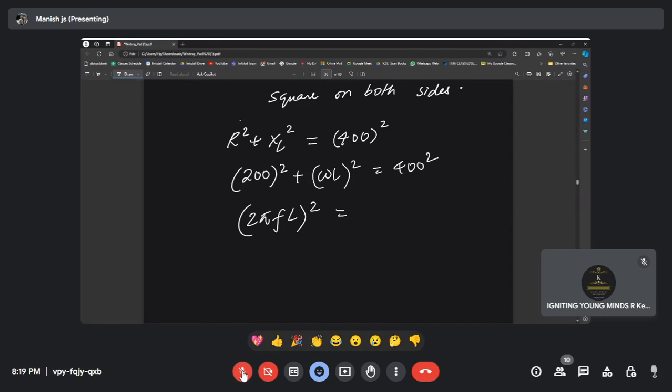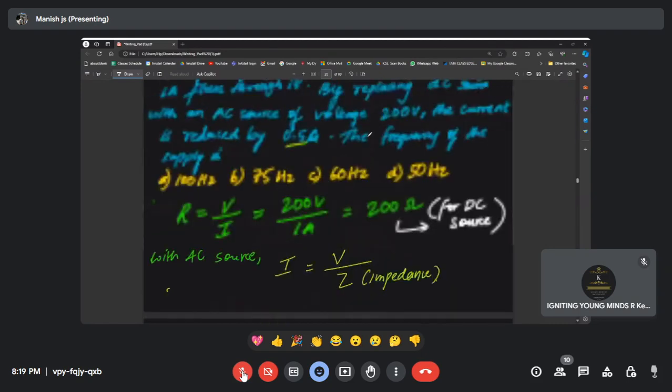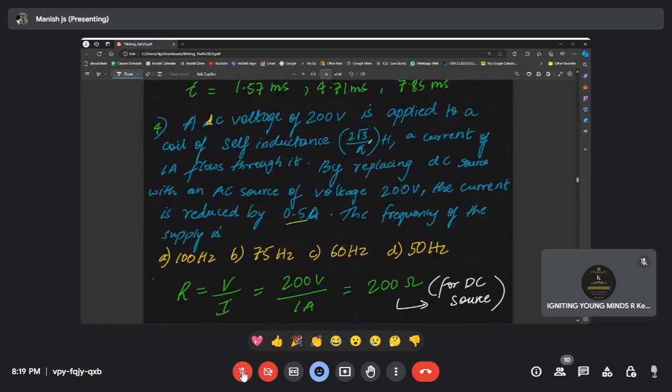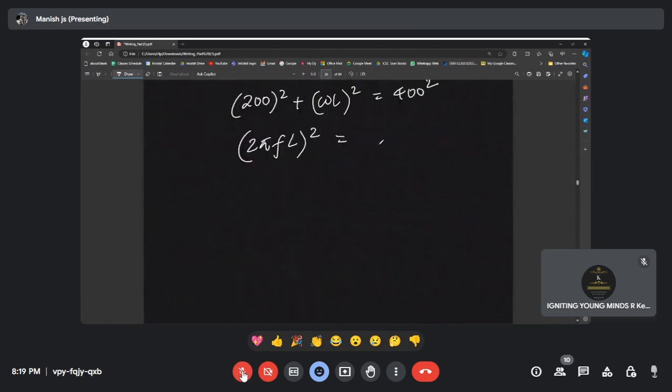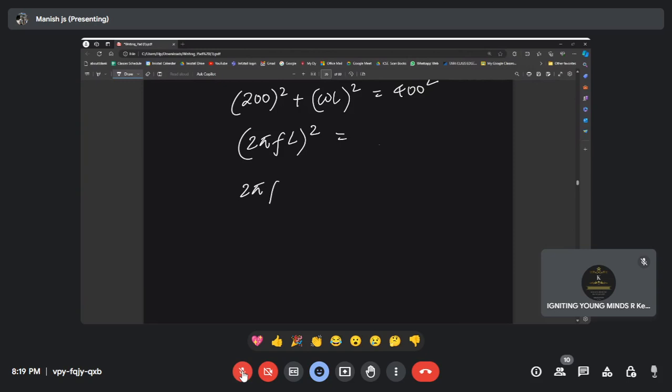And then you try to calculate it. So 2 pi f L. Here what we need, they are asking us only the frequency. And the inductance value we already have, which is 2 root 3 upon pi. I will go and substitute that value there. So 400 square minus 200 square, I think you guys know how to do that, isn't it? So 2 pi f is what we want to find out.